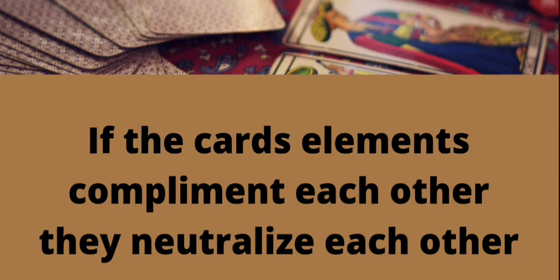So the complementary elements would be earth and fire and water and air. Okay? So earth and fire. So if you pull an earth card and a fire card, they neutralize each other. If you pull a water card and an air card, they neutralize each other.